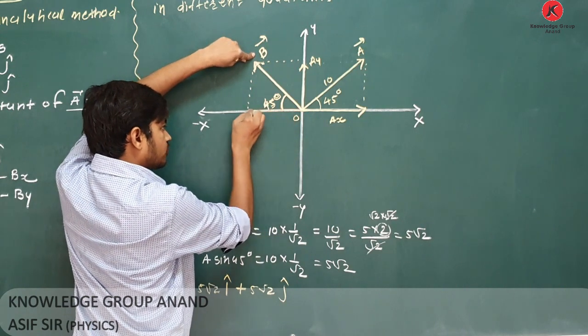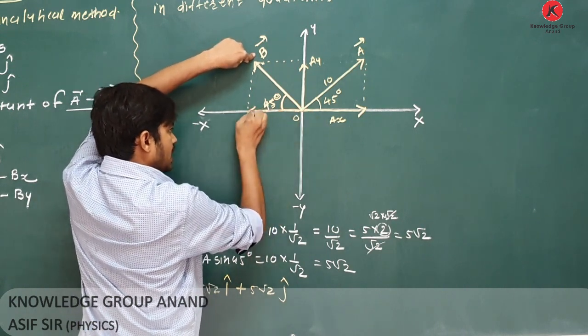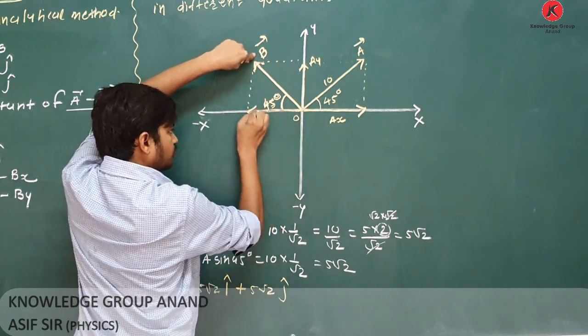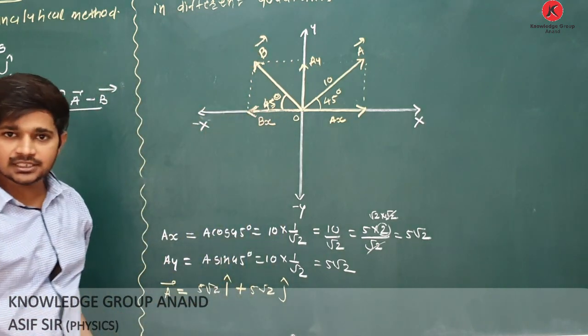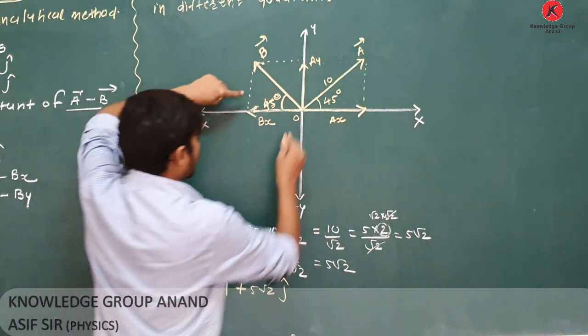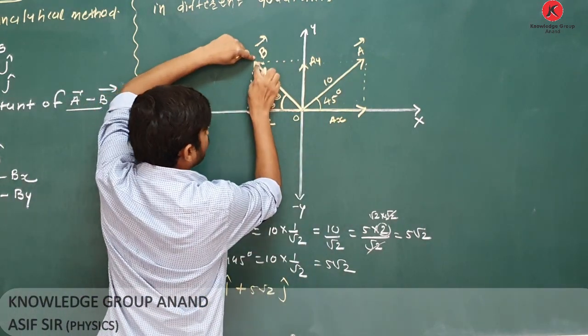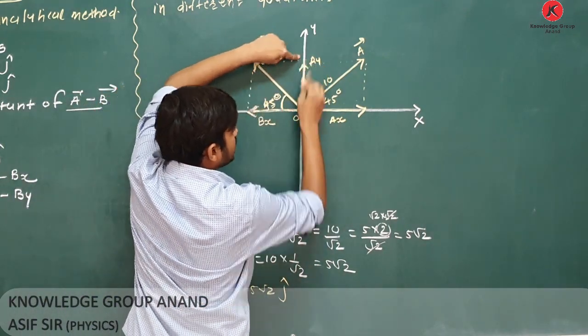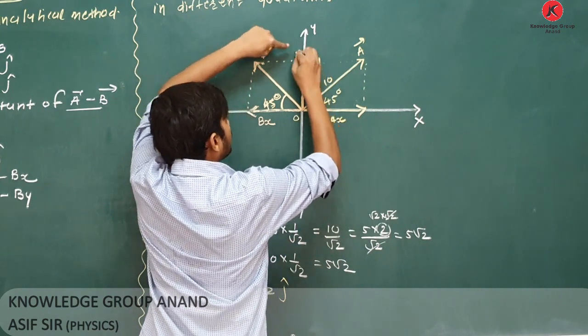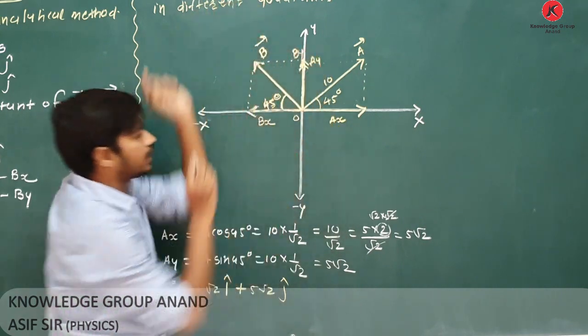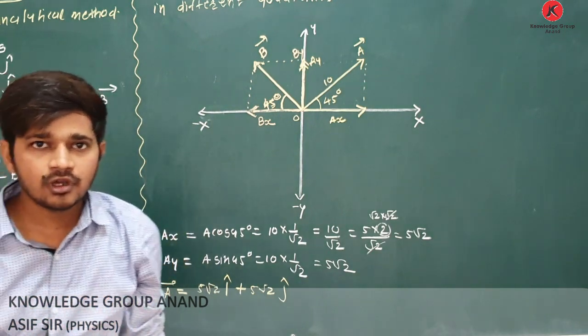Yes, it is the x component of vector B in this direction. It is Bx. What is the y component of vector B? See, from here, projection here. So yes, it is the y component of vector B. It is By. Clear about this?